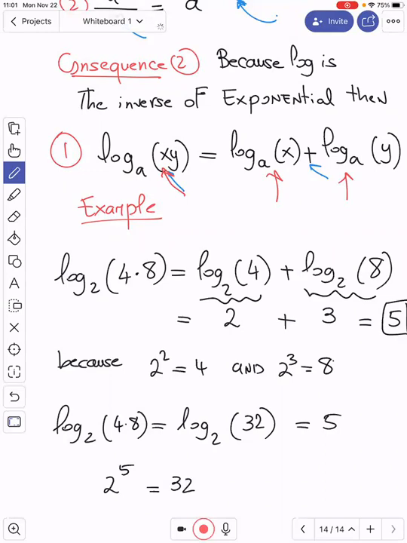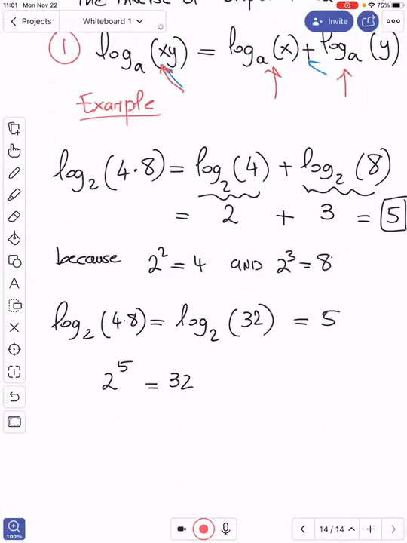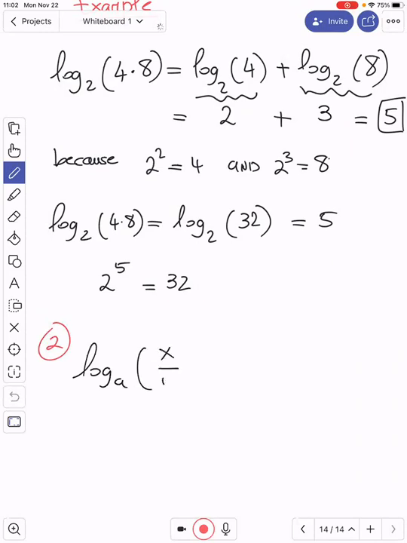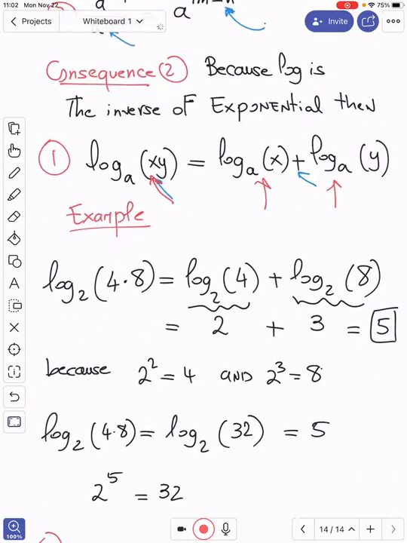Now, when you divide x by y, so the log of x over y, number 2. So if you have log in base a of x over y, when you had x times y, it's a sum.